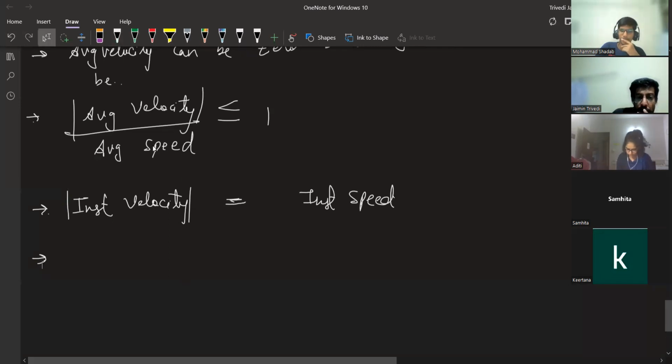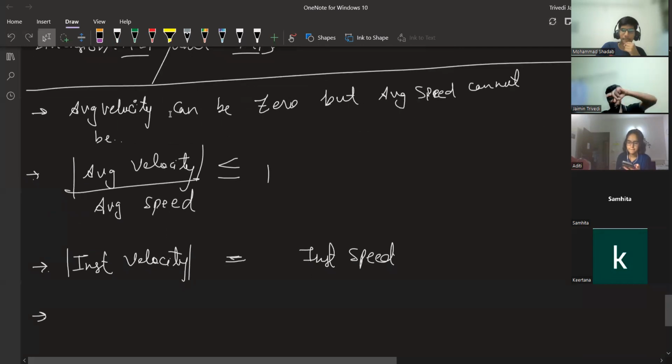Okay, so we're done with this one. When can we say an object is moving? As you see your fan moving, how can you say this object is moving? If its position changes with respect to time. With time it keeps rotating, making a circular motion.